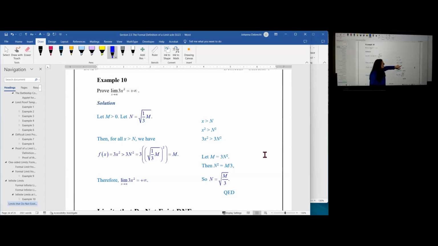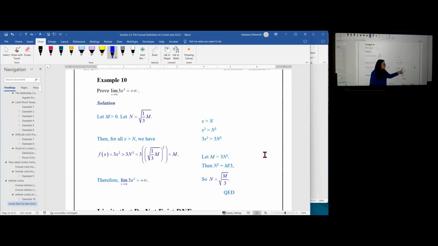I'm focused on n. So I square the x and I square the n. Then I multiply both sides by 3, which doesn't reverse the inequality. And then I notice that this means the function will be larger than 3n squared.